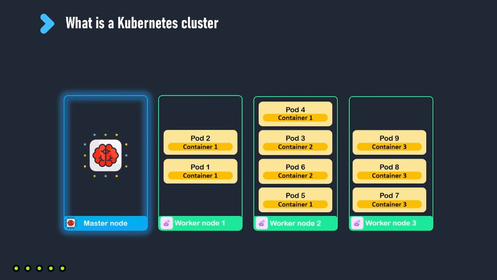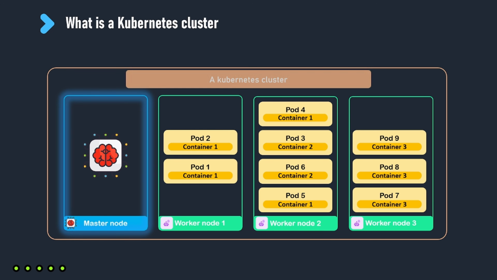The master node is responsible for managing the entire cluster, including scheduling our applications, checking the health state of the other nodes of the cluster, and checking the health state of the pods deployed on these worker nodes.